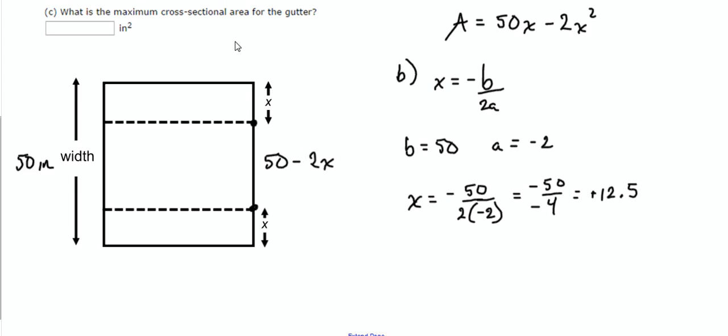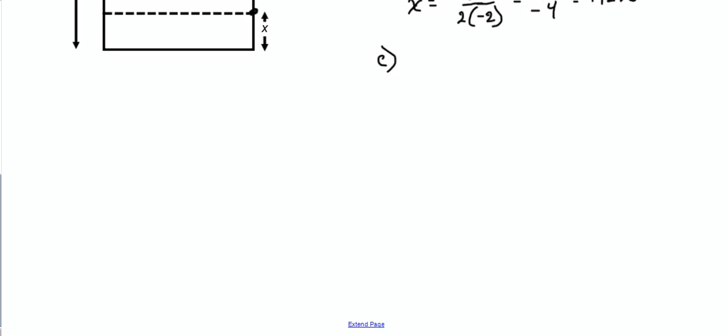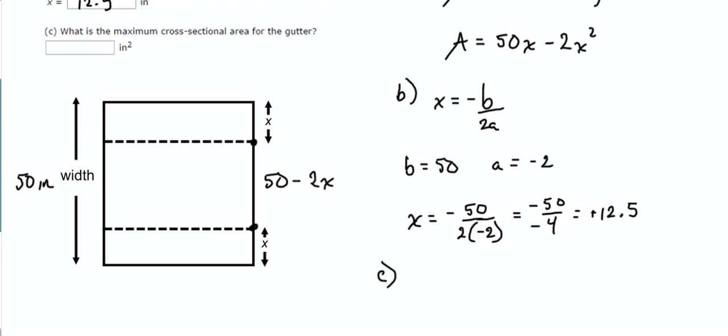Now, the last part we have to do, C, is find that maximum cross-sectional area for the gutter. And all we're going to do is find out the value of A when we plug in the x value of the coordinate, 12.5, the x value of the vertex. So to figure this out, A of 12.5 equals 50 times 12.5 minus 2 times 12.5 squared.